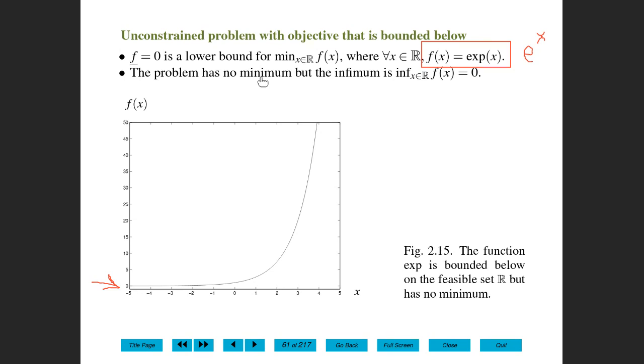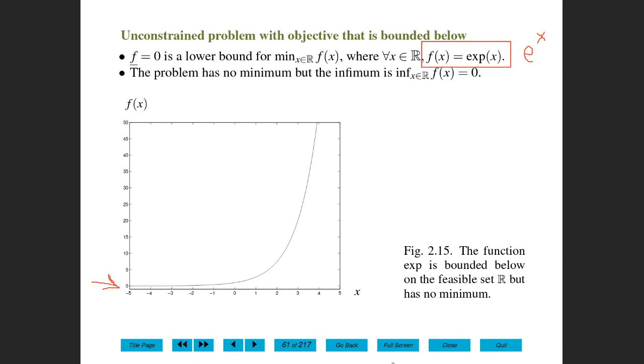Because the two are related. So there is no minimum, there is no minimizer, but the infimum is possible. The infimum helps when we cannot find the minimum. So we cannot find the minimum, and then there are three different cases, right? So this is case 1, because here the value of the function would approach 0, but it won't be 0, right?